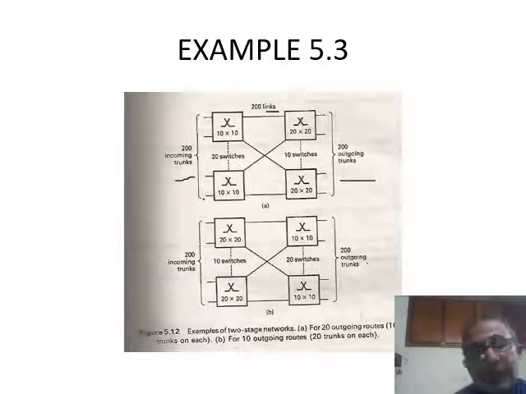Now, let's see what happens. How can we define and find the value of cross points in such a system? In B side, we have just flipped it and reversed it. For example, what we have done is that on the stage A, we have placed 20 by 20 switches. 20 by 20 means 20 inlet and 20 outlet.